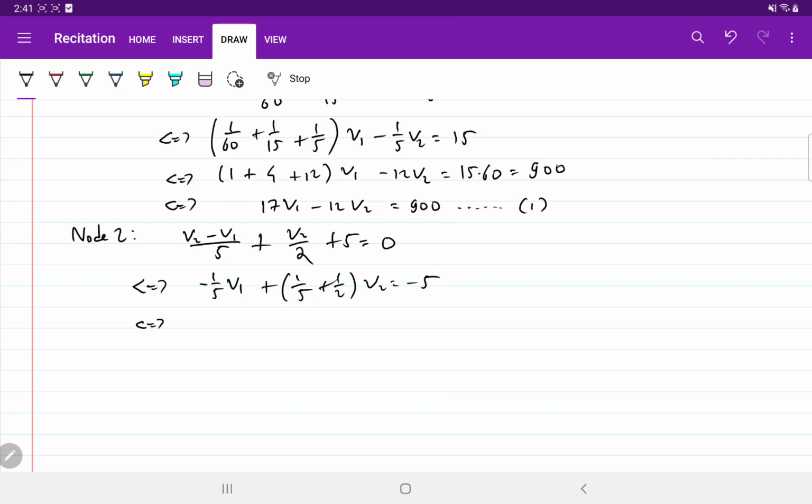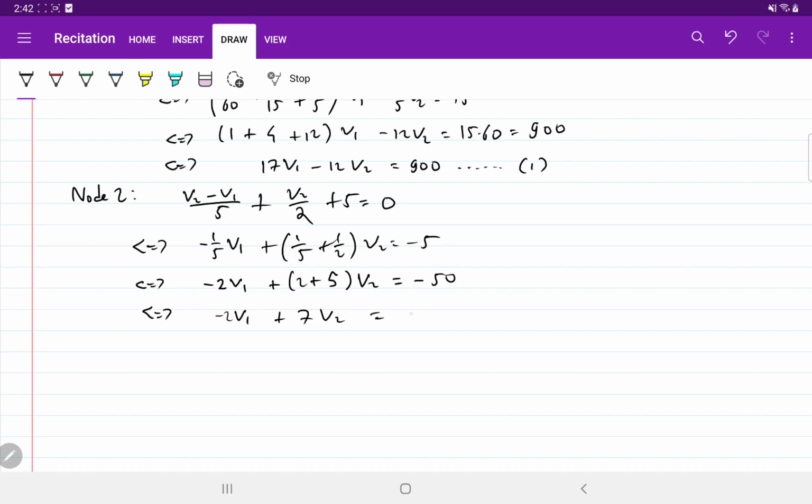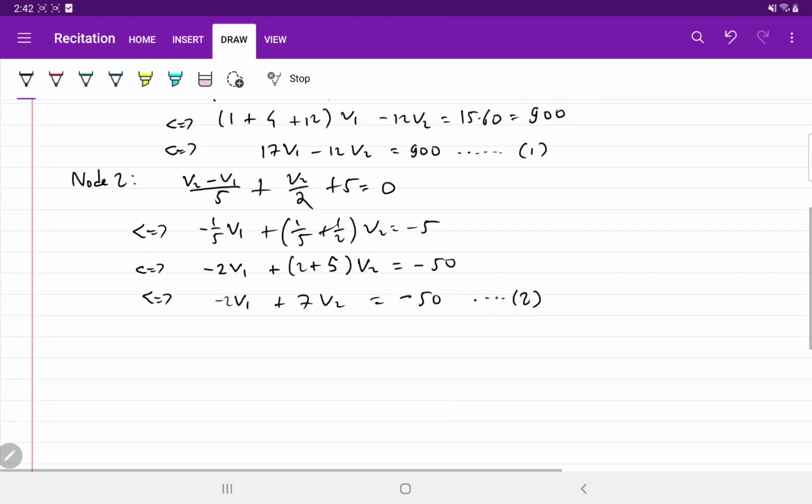Let us multiply both sides by 10 to simplify the equation, so we get minus 2 V1 plus (2 plus 5) V2 equals minus 50. So we have minus 2 V1 plus 7 V2 equals minus 50, and this is the second equation.